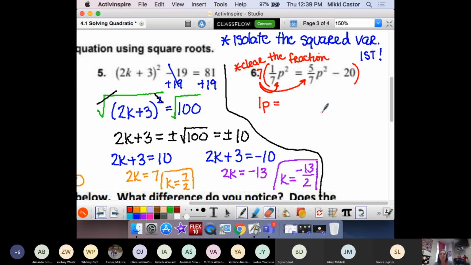So 7 times 5/7 would just be 5. So now I have a 5p. Oh, this p was squared, and so is this p, 5p squared. And then we'll do 7 times a negative 20, so that would be a negative 140.